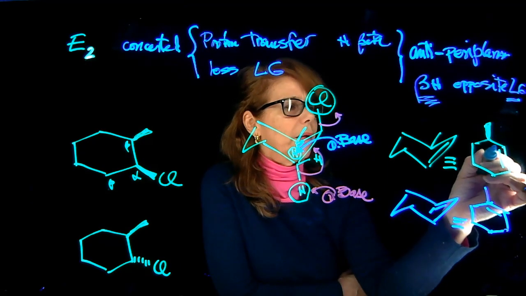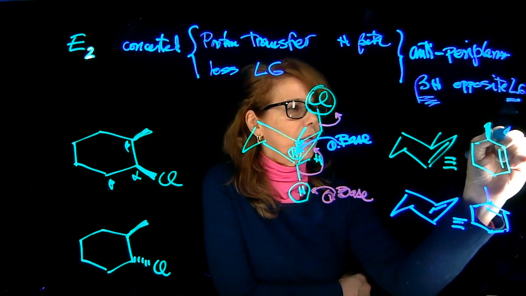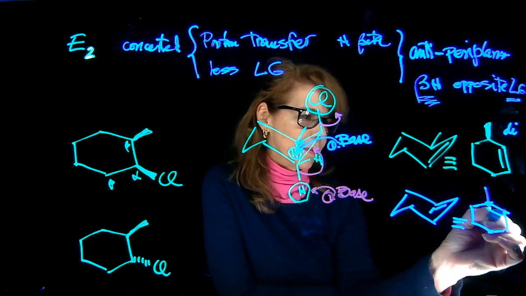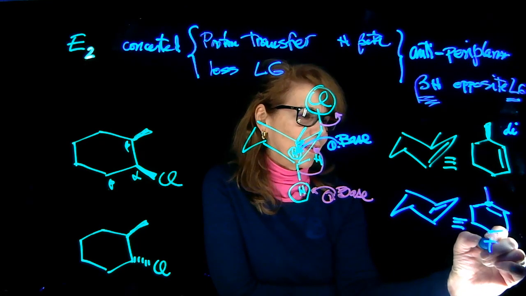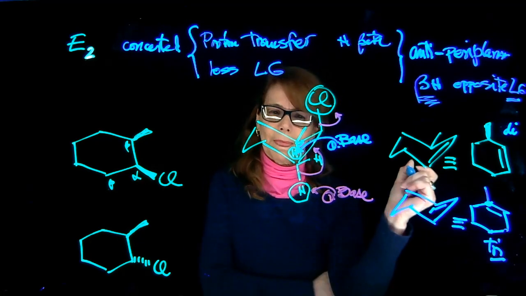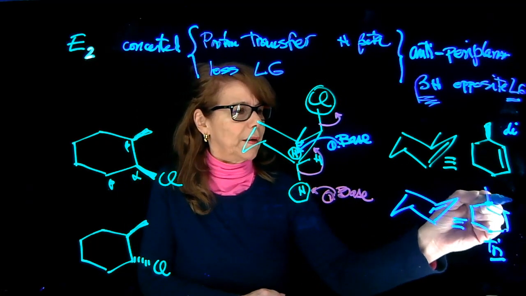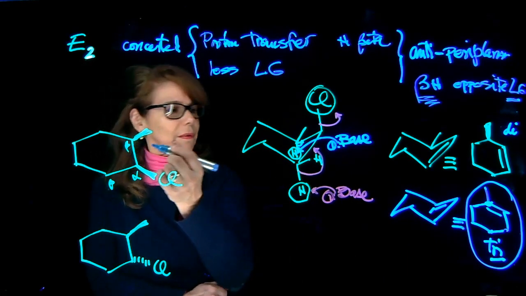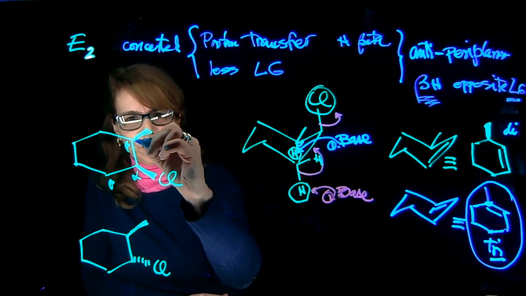Here you have a disubstituted alkene, with two substituents on this carbon. Here you have only one, so that's trisubstituted, and the major product should be this one. We can also see the products right here.